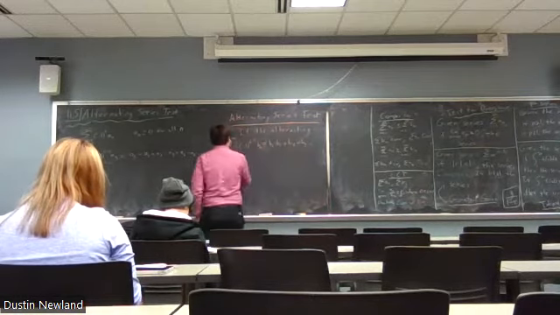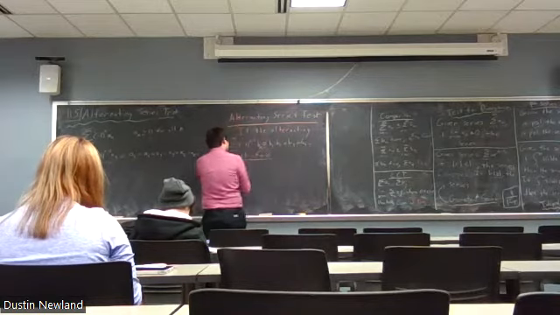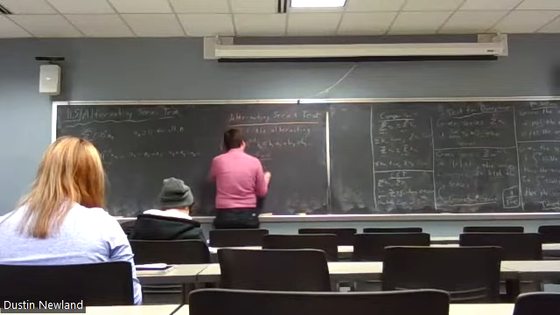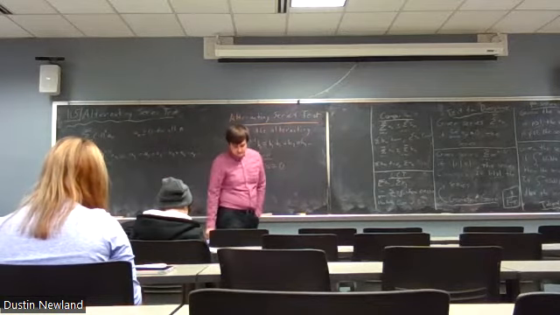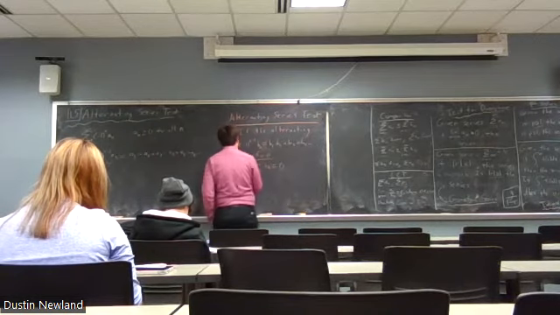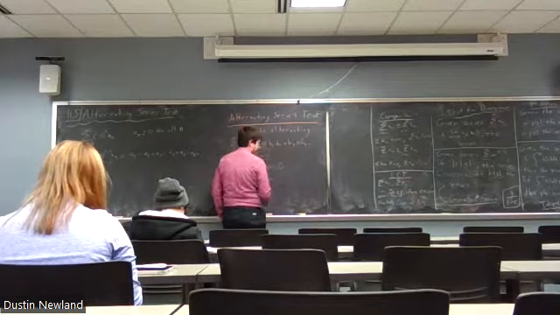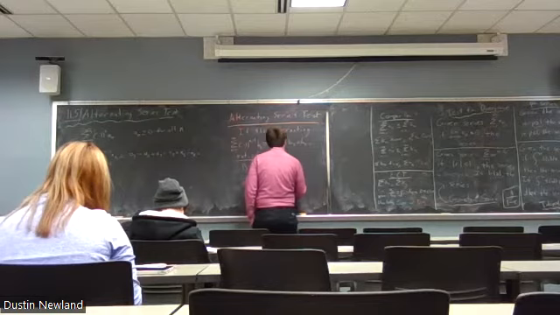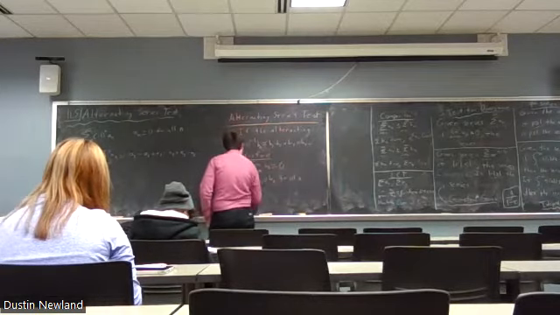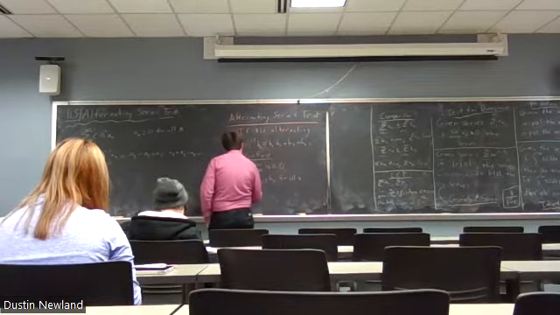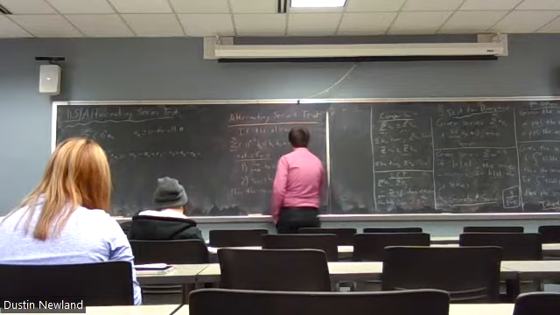But if this satisfies two conditions, the first being that the limit as n approaches infinity of bn equals 0, and the second condition being that b of n plus 1 is less than or equal to b of n for all n, then the series is convergent.